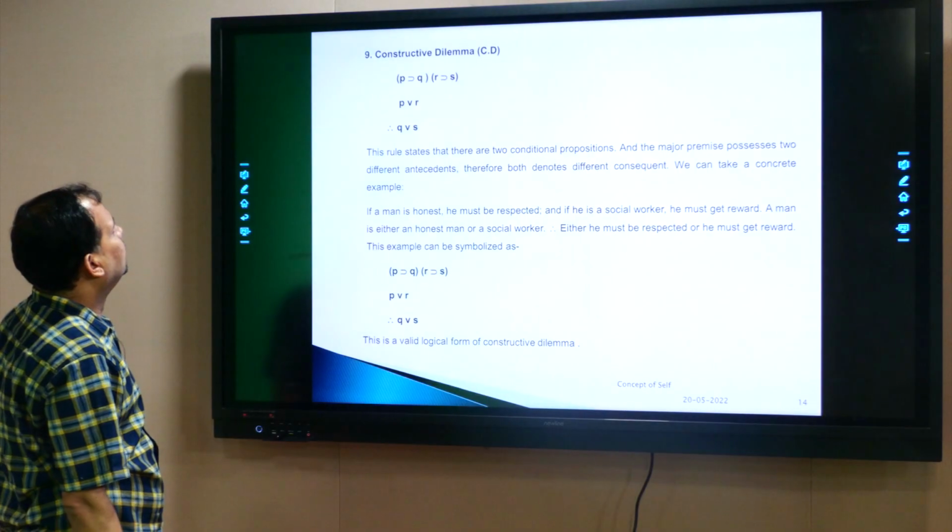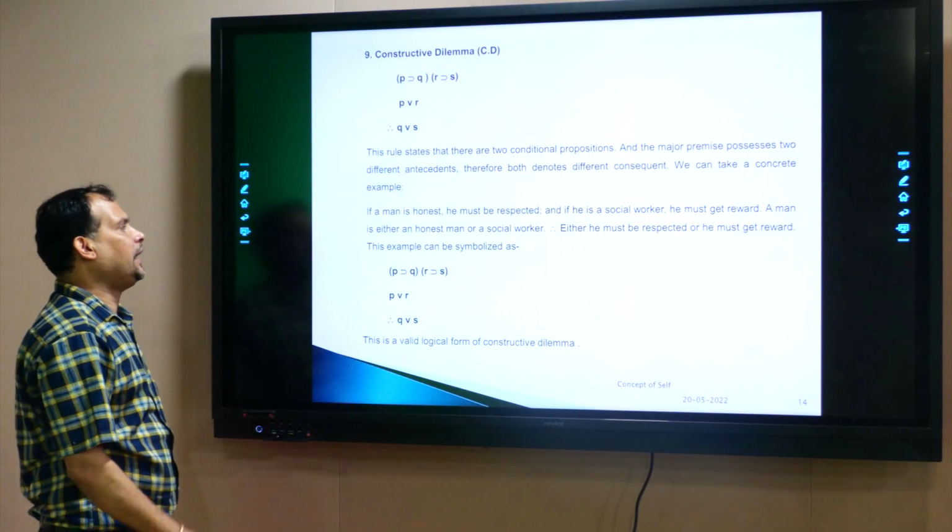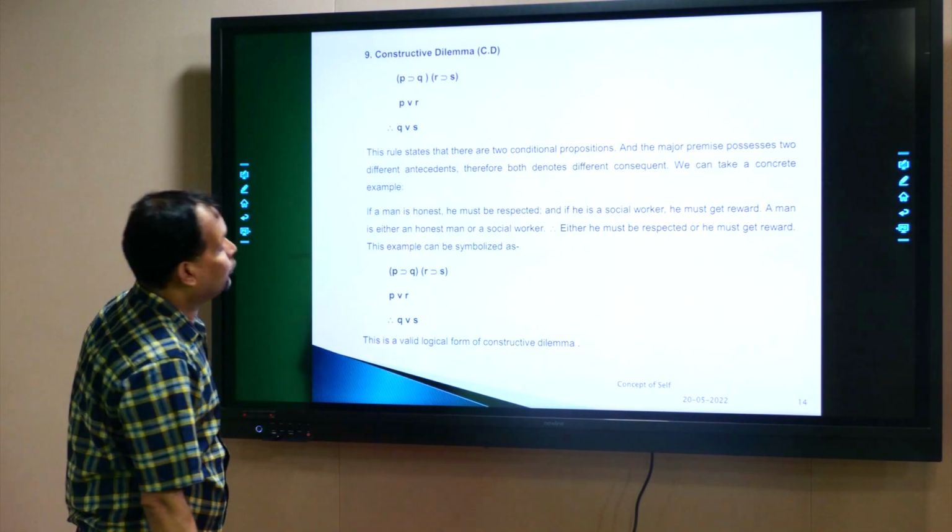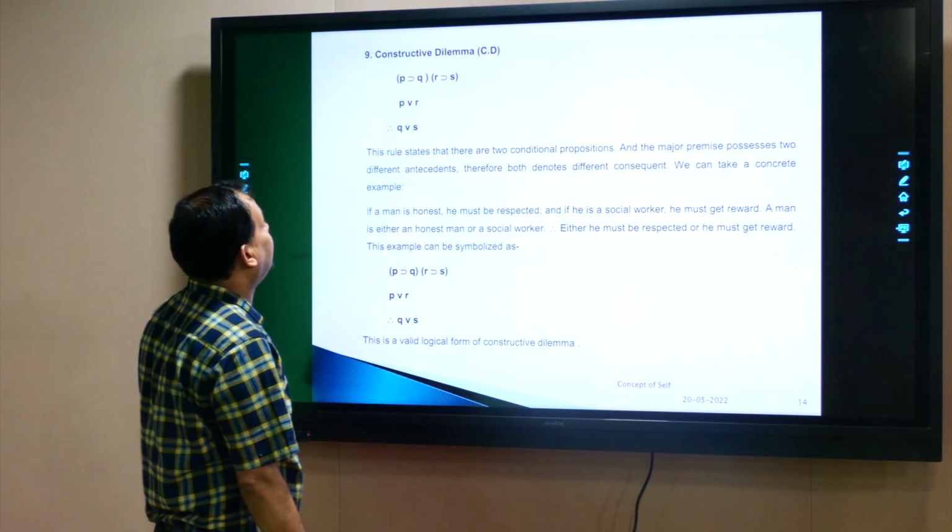Now you see constructive dilemma. This is another rule of inference. How can we write it, dear learners?